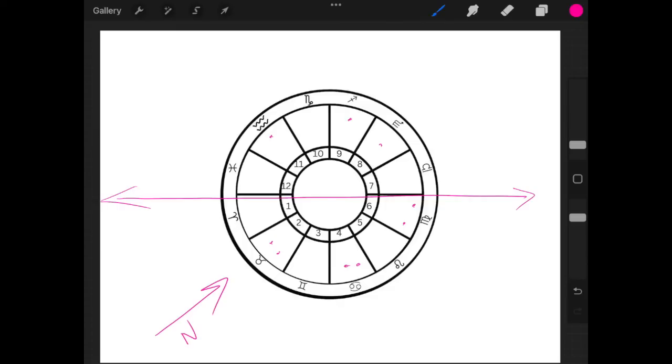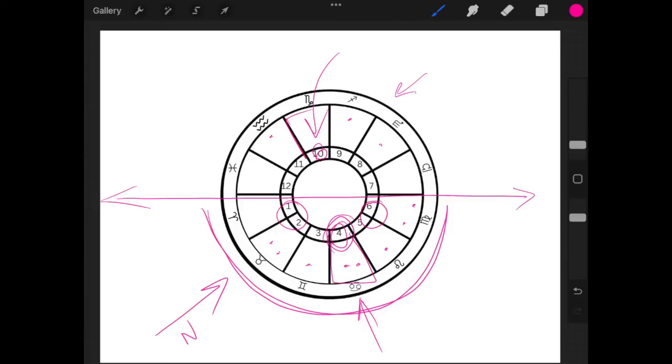The bottom part of your chart, let's say that we have all the placements down here, and again, you might have a few up here, but if you have the dominant placements in the bottom of the chart, this means that you are going to have a huge emphasis on your private life, on building your family, on building your identity, on perfecting how it is that you share space with other people. The Cancer energy of the 4th house rules over the home and family, very much the private life, while again, the 10th house that we just kind of talked about was career and reputation.